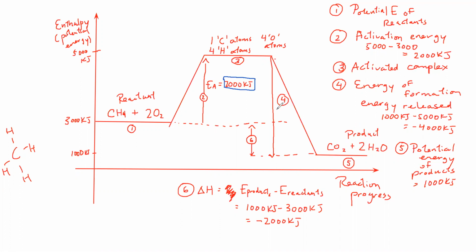So let's say that the energy released was negative 4,000. So when you add these two numbers together, you can see that there's a greater drop in energy compared to the amount that was given in at the beginning. So we can conclude that this particular reaction is an exothermic reaction.